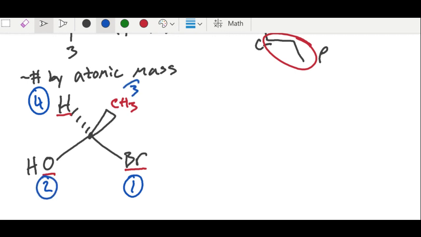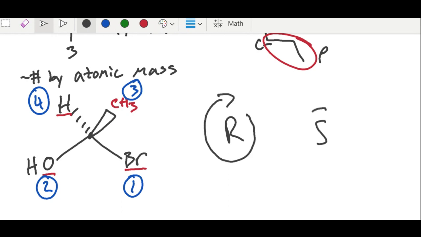To look at the direction, there's something called R and S. R is going to be clockwise, and S is going to be counterclockwise. This is the direction your groups are heading towards.